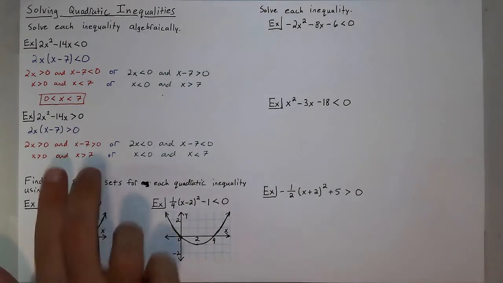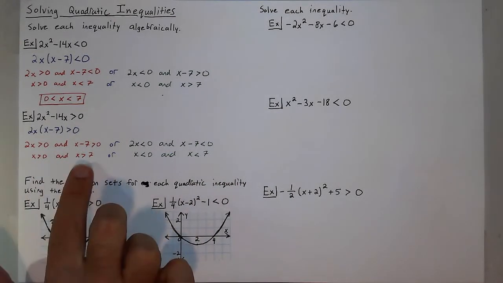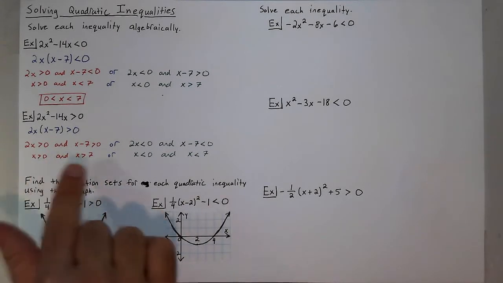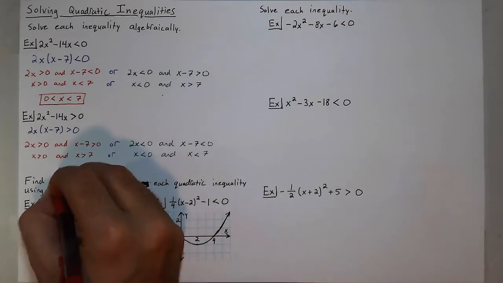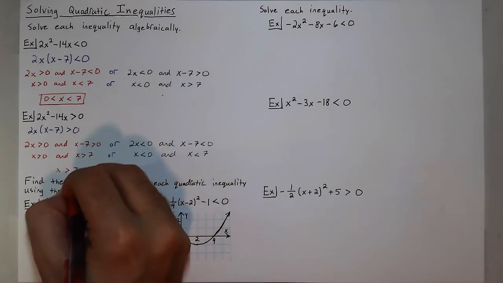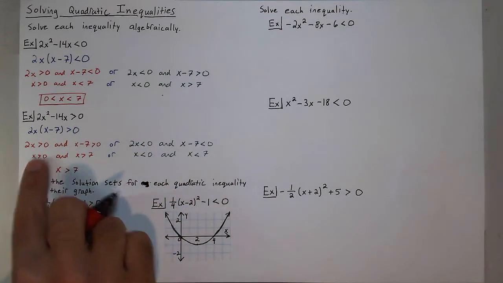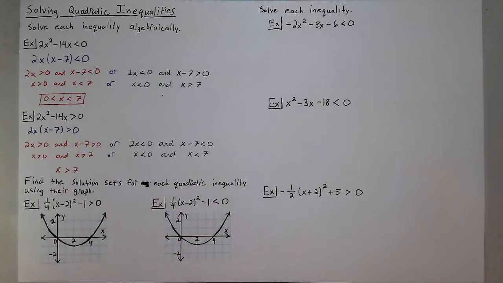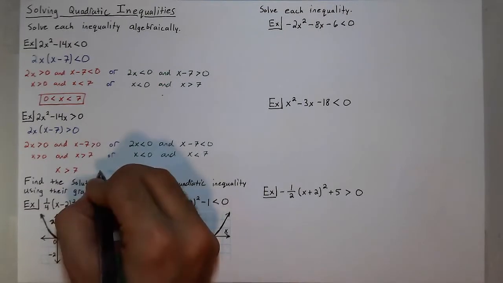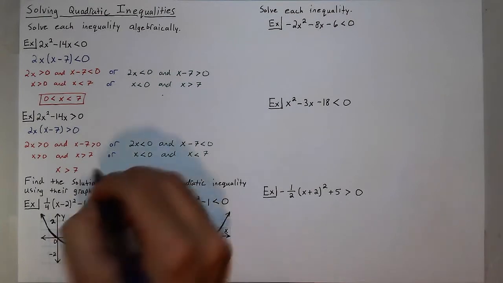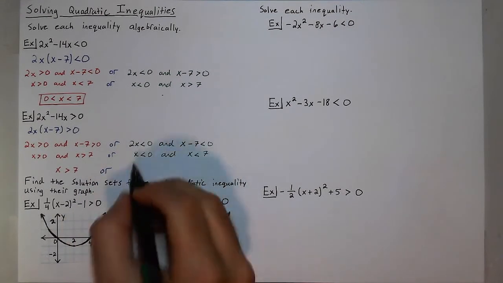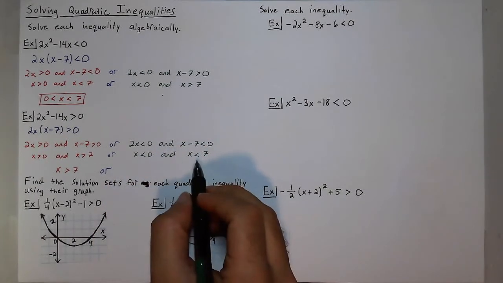Interpreting these, I have x is greater than 0 and greater than 7. I have to be very careful because 2 is greater than 0 but is not also greater than 7. So this inequality just amounts to x is greater than 7, so that it can be true for both inequalities, because truly anything greater than 7 would also be greater than 0. Or the other one, we have x is less than 0 and x is less than 7.